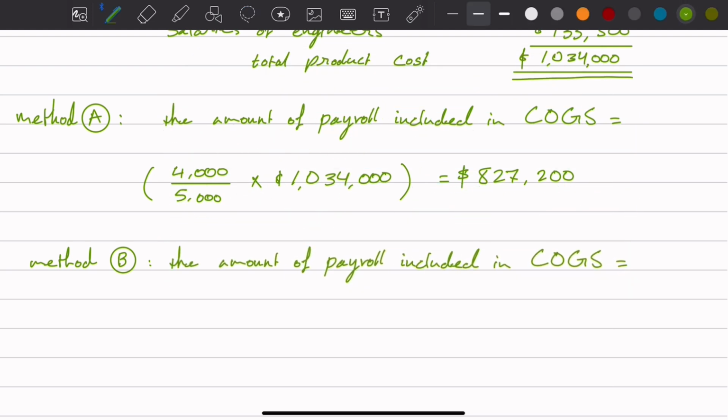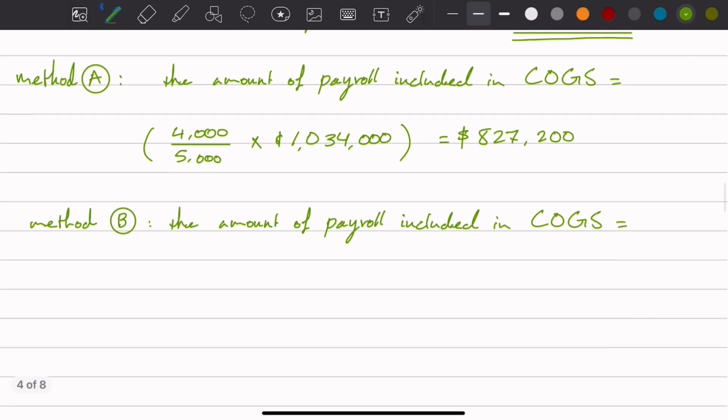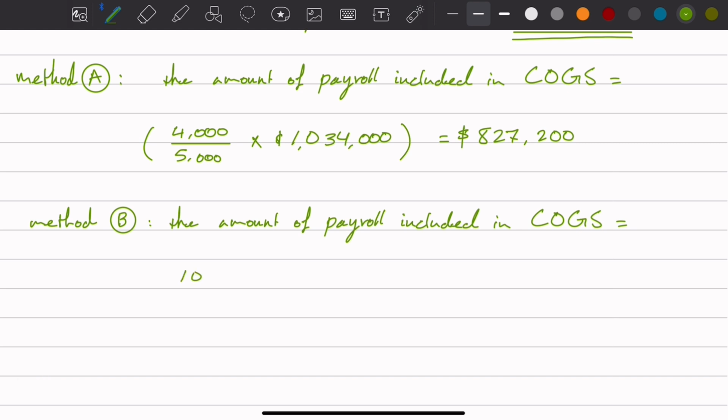I'll take the total product cost, this one, and divide it by the total number of units. Okay? So that would be 1,034,000 divided by 5,000 units, and then multiply that by 4,000 units.